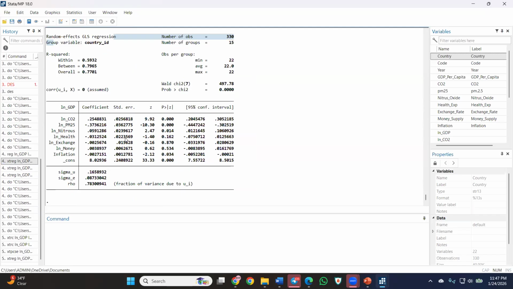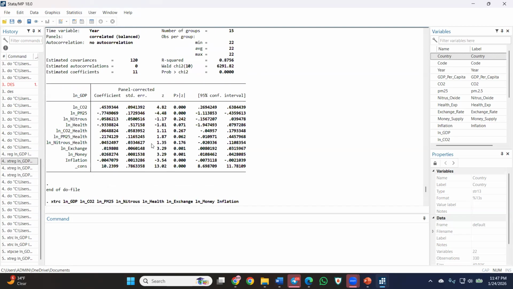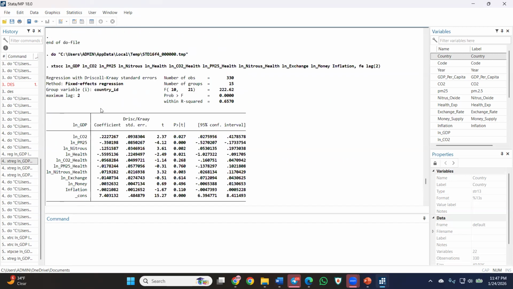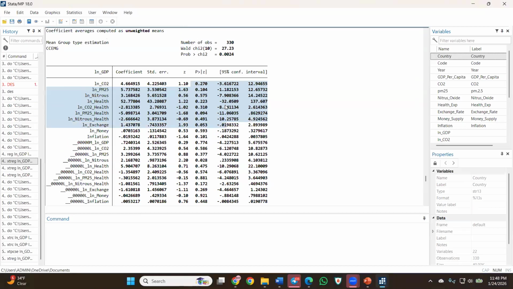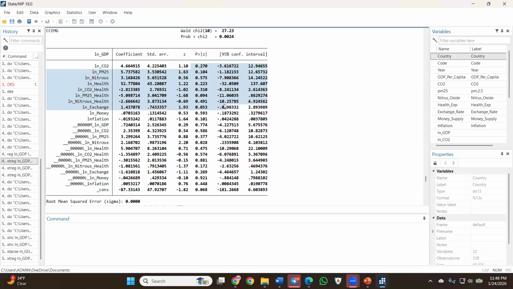So it depends on the software and the package it was built on. That's why you have to disclose in your report that maybe STATA was used. Even the STATA, you have to state the version of STATA that you used. That's why I didn't do much on this model, the CCE. You see, I'm having a lot of insignificance here. But I will go and run the same model in EViews and I'll get significant.